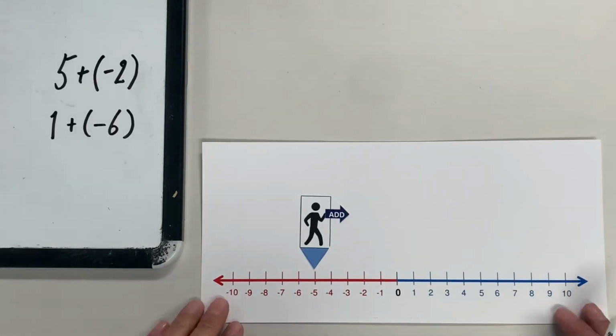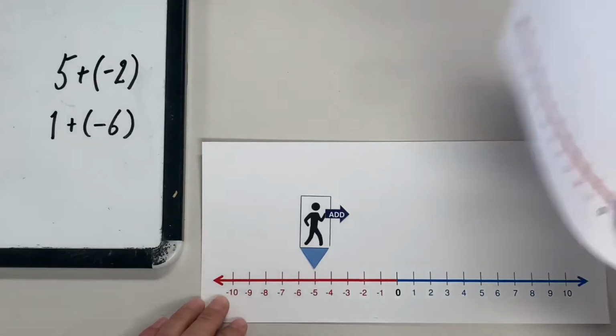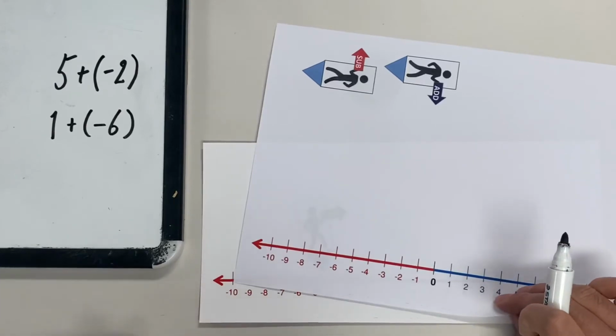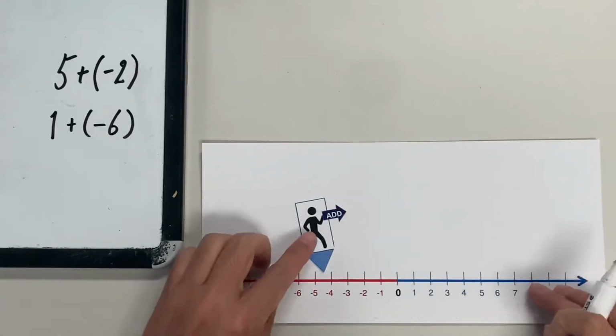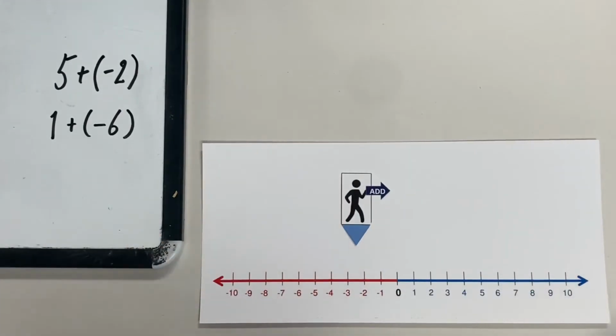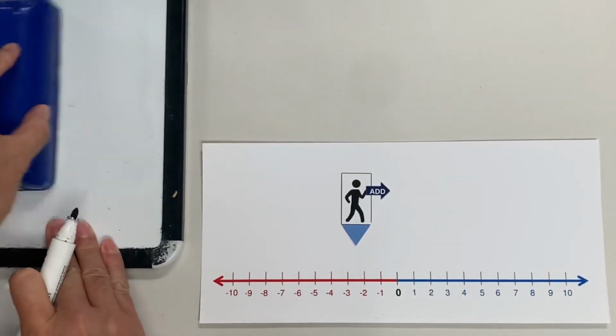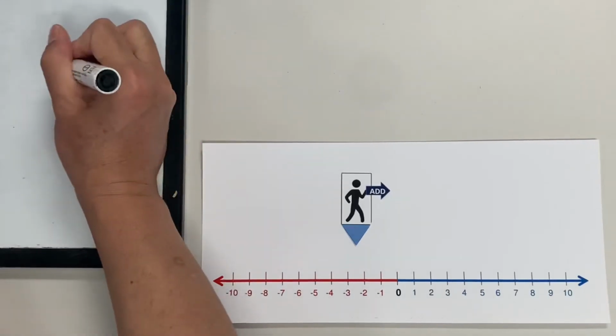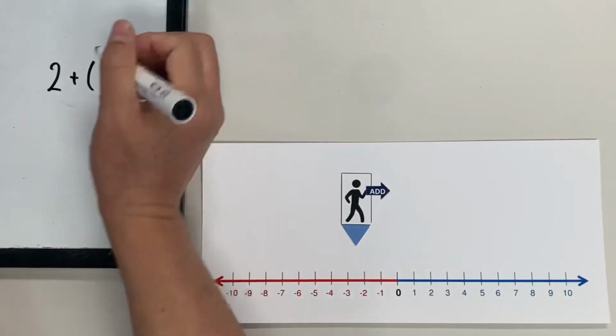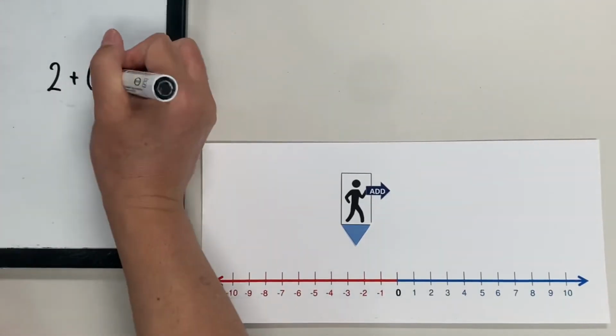Now, you can download this file from the description. If you can quickly make this, I'm going to give you some questions. So, ready? First question is 2 adding minus 4.